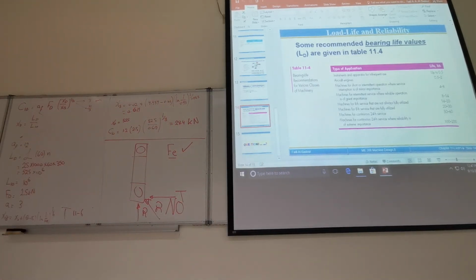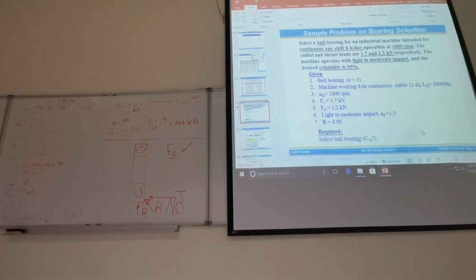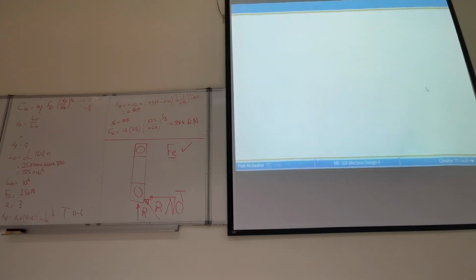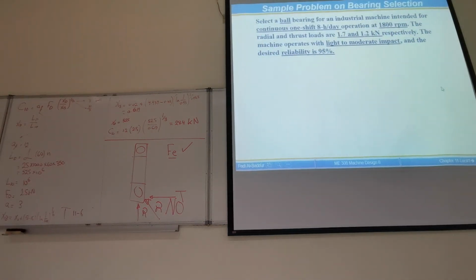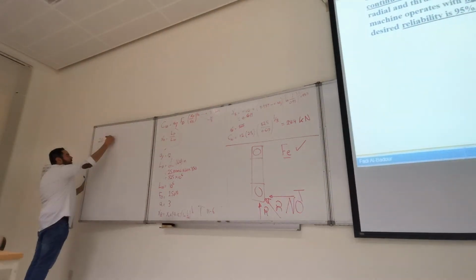Now let's go back to our problem. Does it mention here that it's fully utilized? Continuous means fully utilized. So in this particular problem, I'll just go over the inputs, and then we'll let you try to do it yourself. Please take a picture of the statement and try to solve it at home. He said it is for a continuous operation for 8 hours a day, and the recommendation was from 20 to 30 kilo hours.